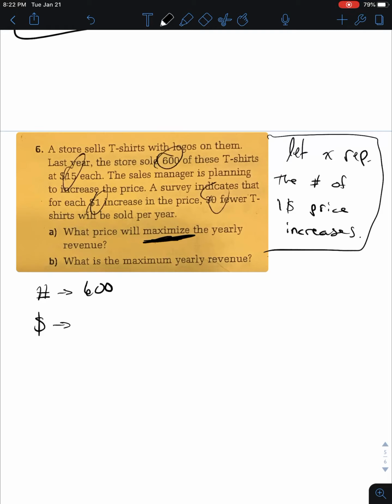Then 30 fewer: I'm going to lose 30 t-shirts based on how many times I increase the price, so 600 minus 30x. Then the dollar equation: I'm going to charge $15 each, and then increase the price, so plus 1x.